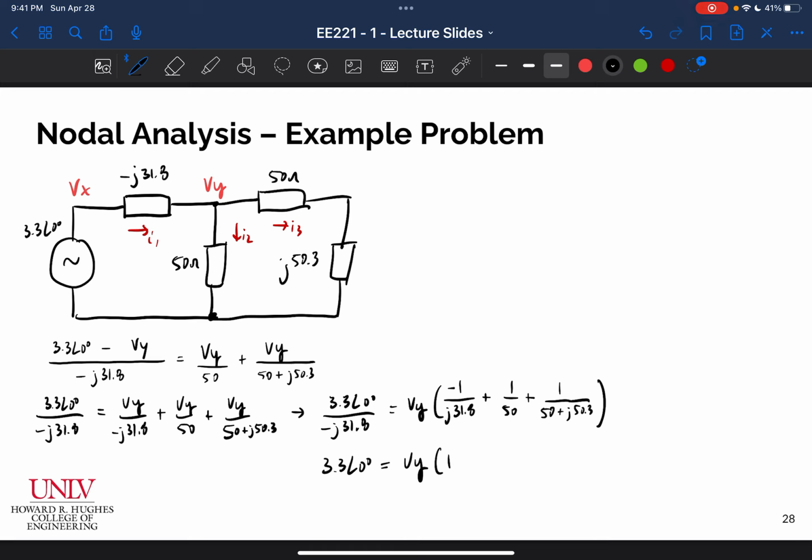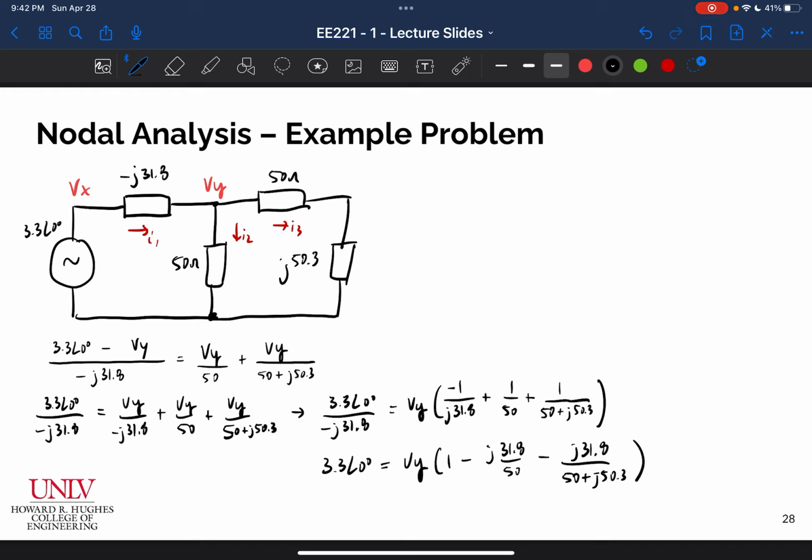Then I get a minus j31.8 over 50, and then I get a minus j31.8 divided by 50 plus j50.3, which is probably the ugliest term here.